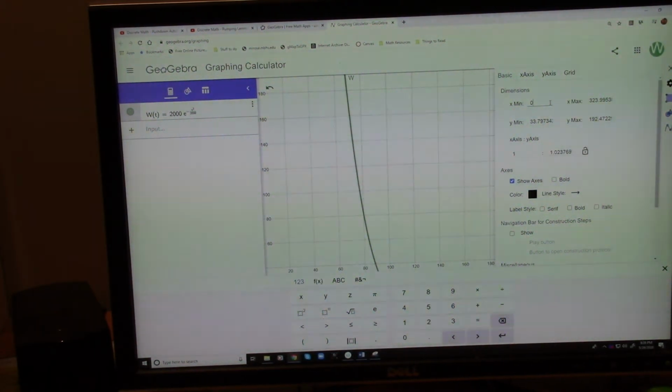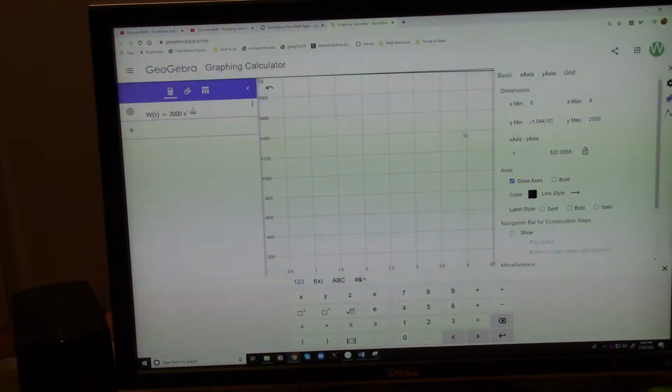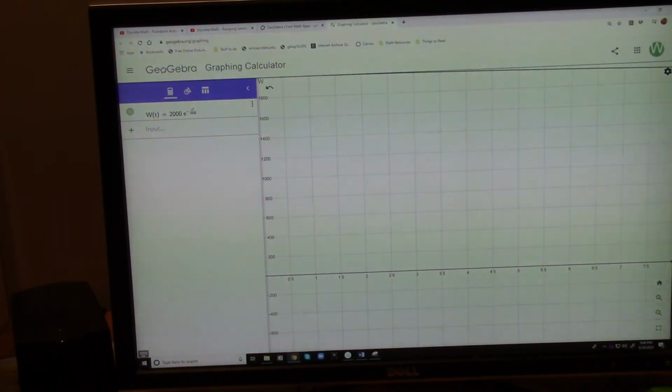So enter, and this is 8, and 0 is fine here. And my y-min needs to be like 2000. I guess it does everything else automatically.